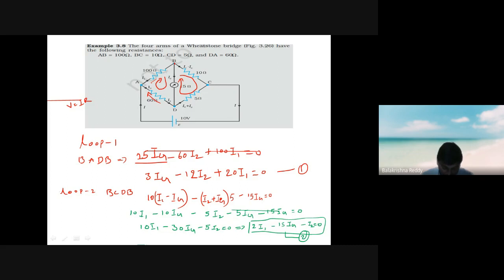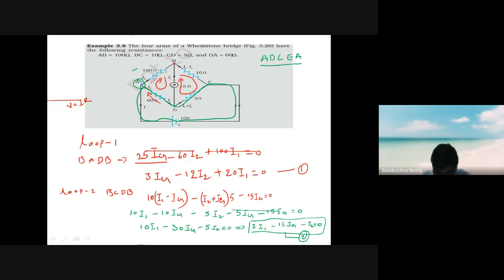So one more, if I consider, as I told you, I have a chance of four loops here. So A, D, C, E, A. You can see from here to here, A, D, C, E, A, right? So when I consider loop 3, A, D, C, E, A, here E is the EMF place.